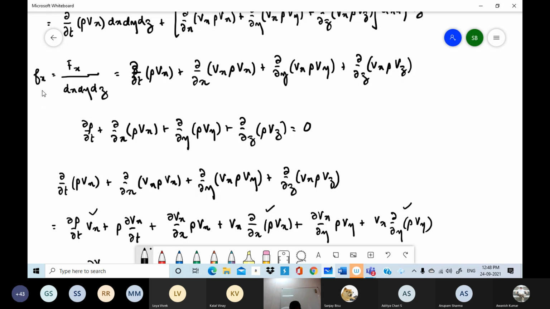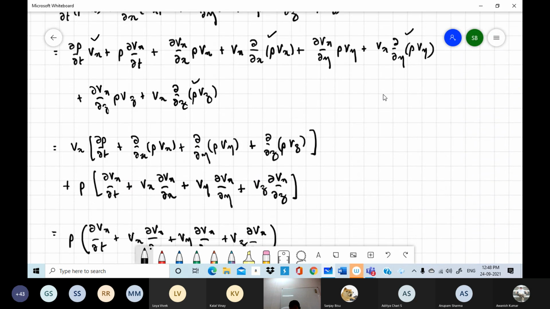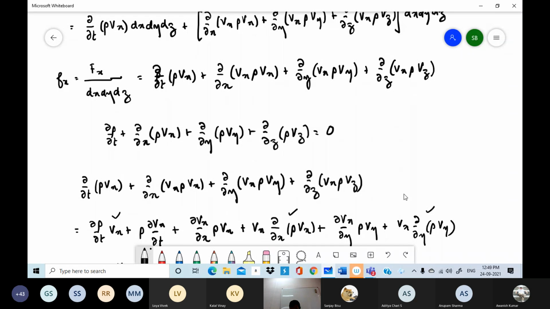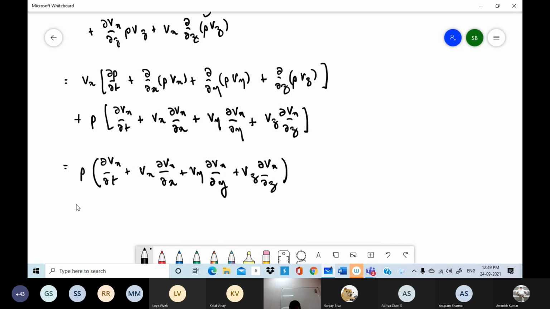So assuming that I know what the force per unit volume is, that must be equal to this. And this expression appeared a little baffling because within the bracket it had quantities which had two vector components, so we didn't know how to interpret that. So we decided to expand out this right hand side, and using the condition of incompressibility, we are able to show it reduces to this.